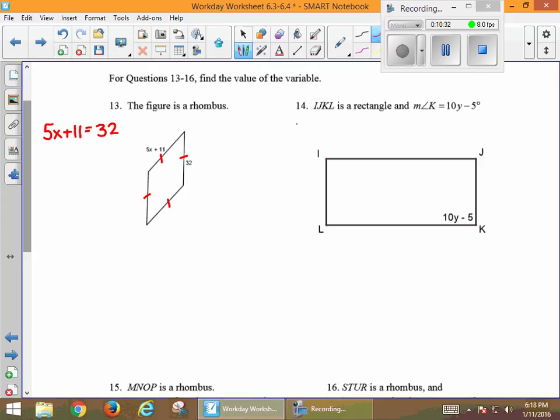Subtract 11 on both sides. 5x equals 21. I'll then divide both sides by 5.